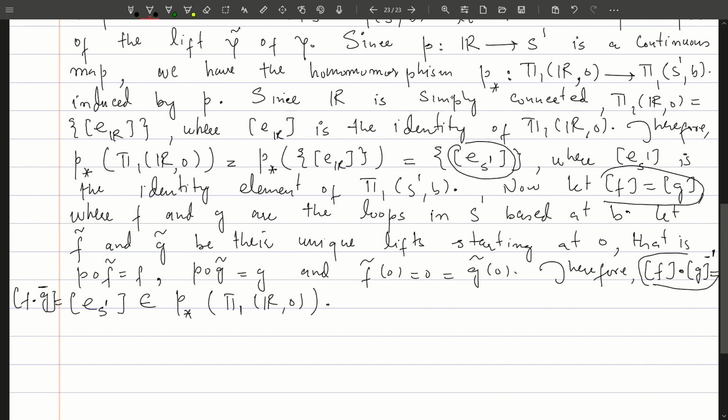Since we did in the last lecture, where we proved that this homotopy class is in the image of P star if and only if their lifts agree at their endpoints, that is, if f tilde of 1 is the same as g tilde of 1.